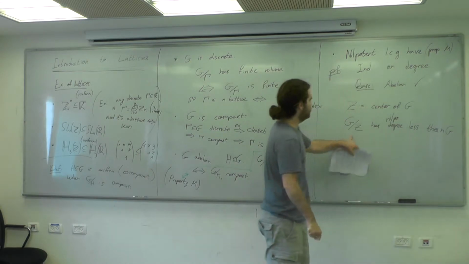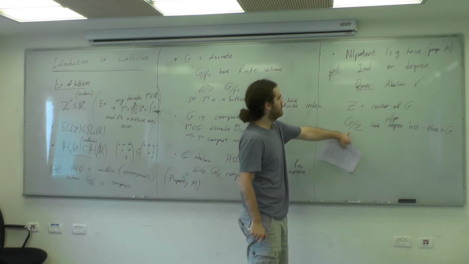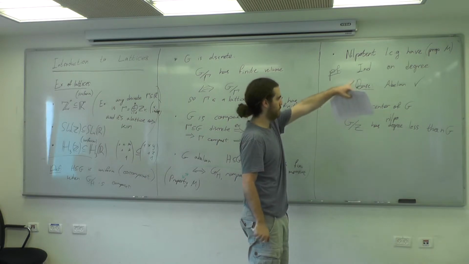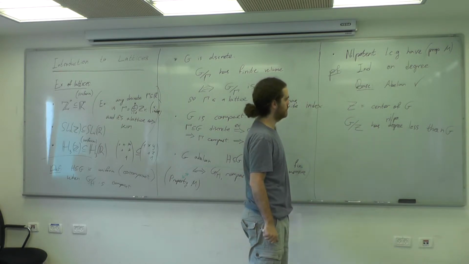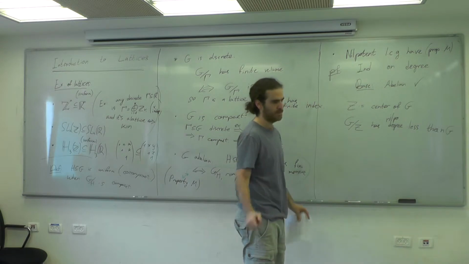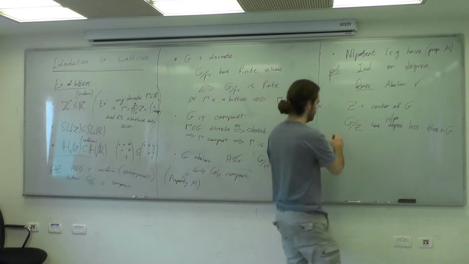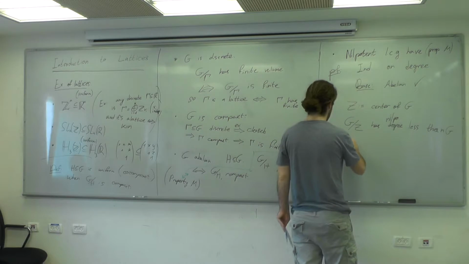So it's sufficient to show that if G mod Z has property M, which is the assumption of the induction, then G has property M. So let's take, what do we need to do?